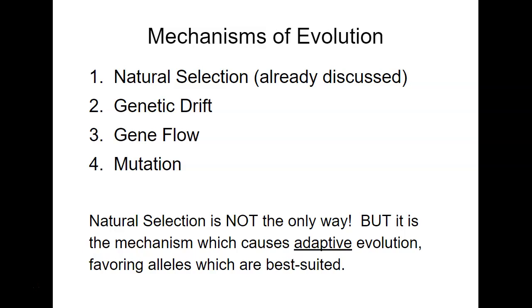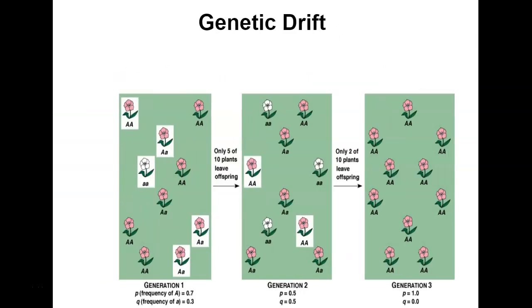Natural selection alone is not the only way. But it is a mechanism that does cause adaptations to happen, where survival of the fittest occurs and the favored alleles can change over time to the more well-suited organisms. But I do want to talk about the others.